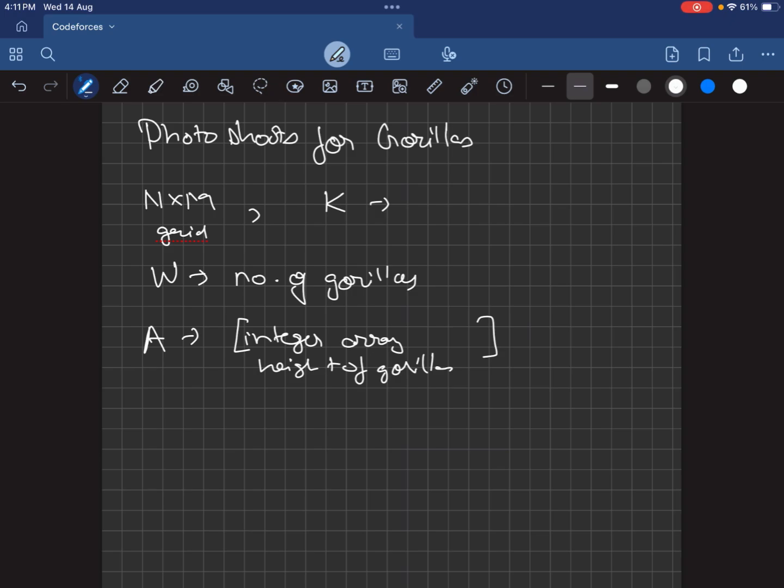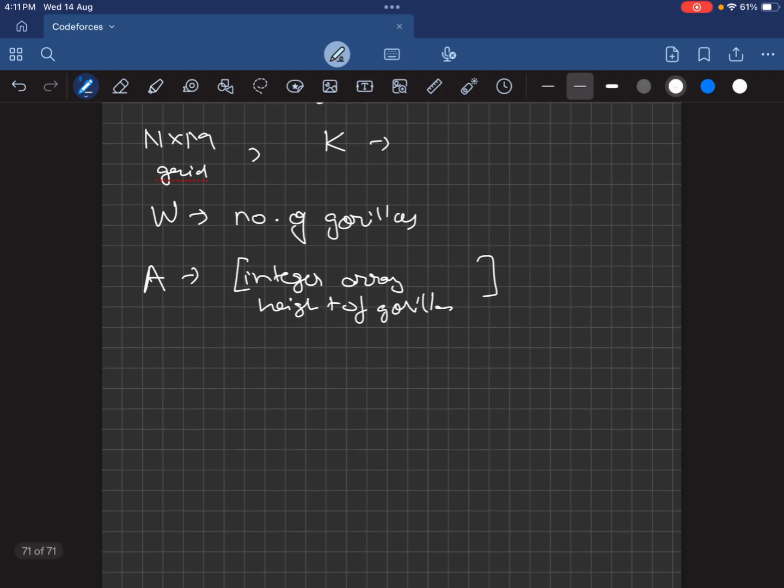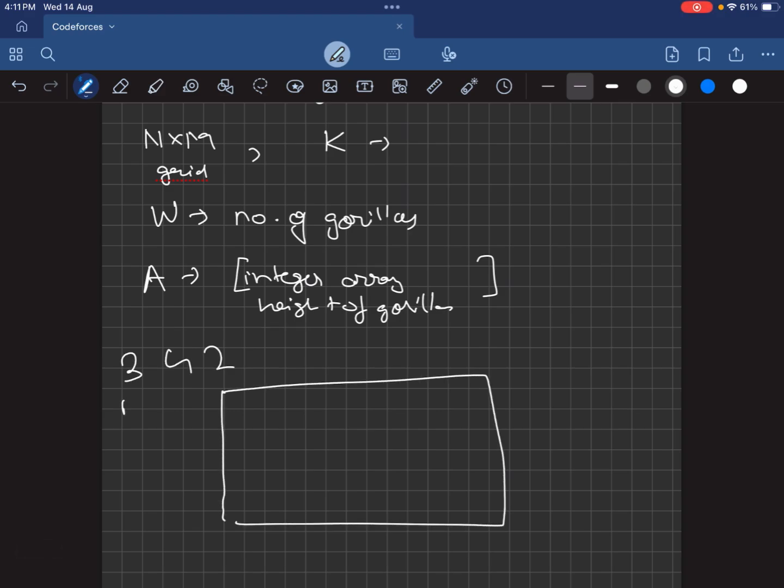And what we have to do is maximize the spectacle. So maximize the spectacle of the array by placing the gorillas into the grid, so that every cell has at most one gorilla. So what do you mean by spectacle? Suppose our n and m are 3 and 4, and k is 2.